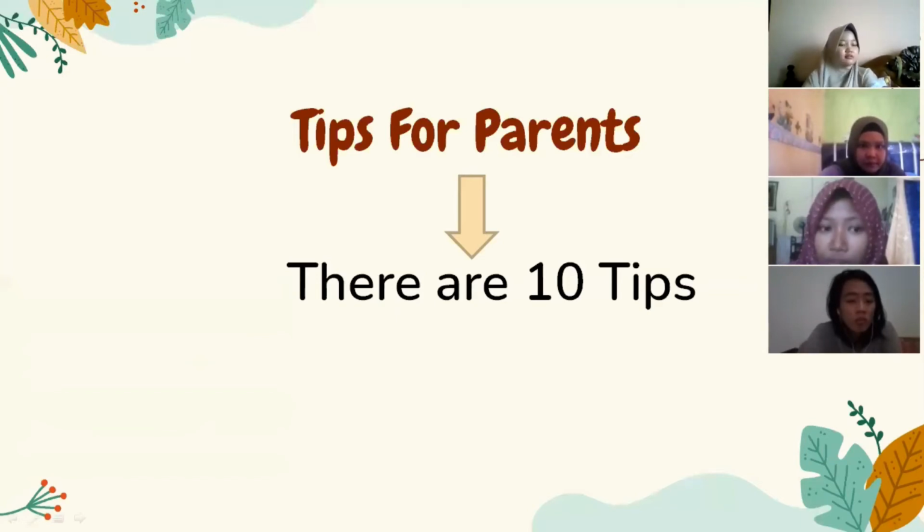The seventh is nurture your child's self-confidence. Number eight, shape your child's behavior. Number nine, raise kids who care. Number ten, or the last, is talk and listen.